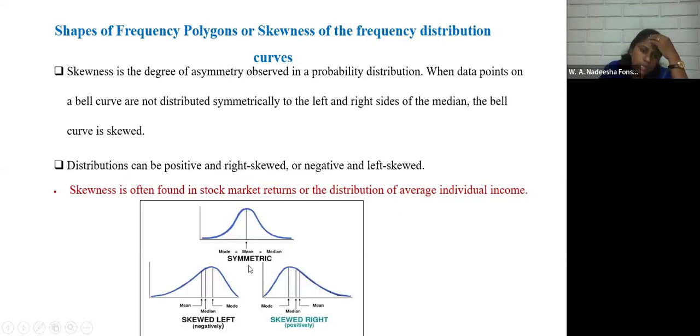So in the symmetric curve, the symmetric frequency polygon, the mode, mean, and median, all central tendency measurements are equal. This is the sample. Based on this symmetric sample, we define other shapes.